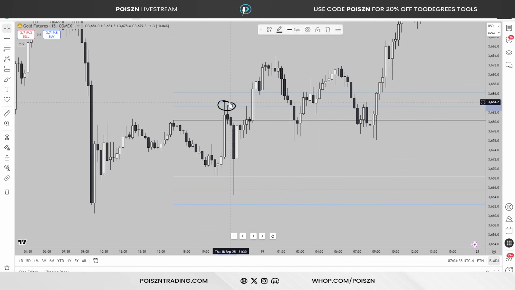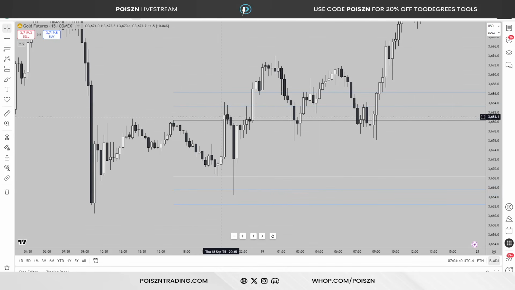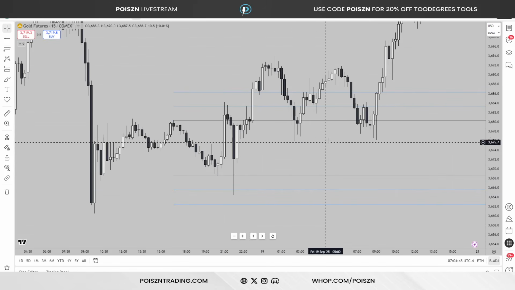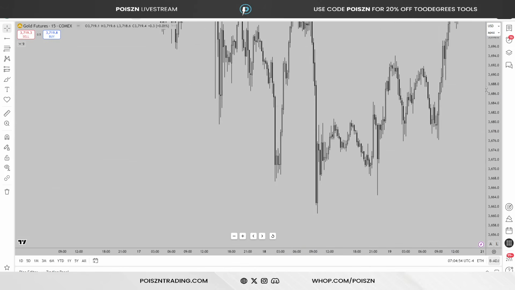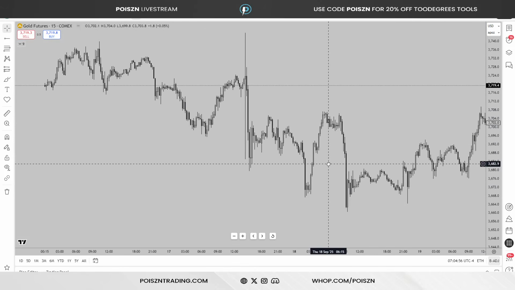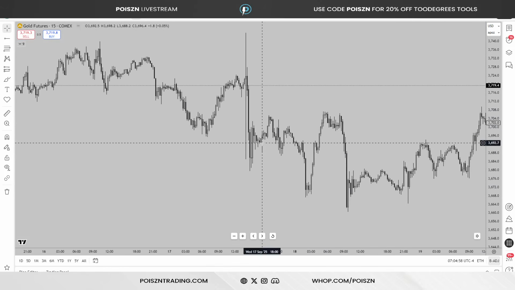So in this case, we deviate to 0.25 above the range, it mirror plays to 0.25 below the range, giving you that breaker fractal, and then we have continuation higher. You could use this for any time frame, as long as you are able to identify a consolidation.